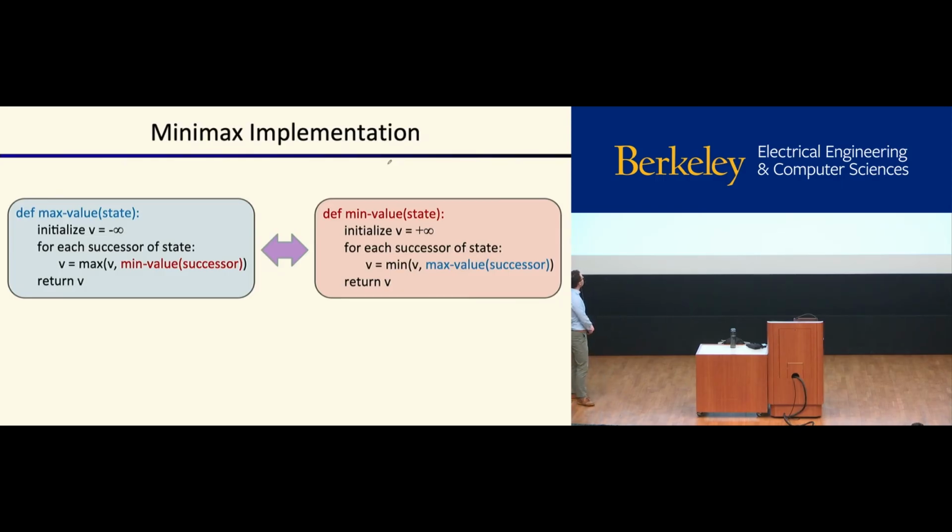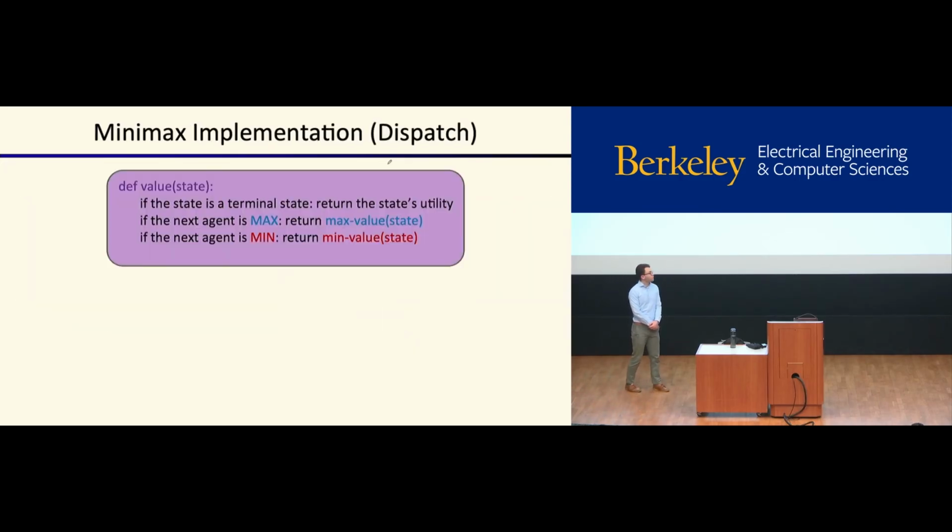So this is one implementation where max is computing the max over successors and min is computing the min. Another way that you could do it is you could have a dispatcher function that says, what's the value of a state? Well, if that state is a terminal state, and now we are handling the bottoming out condition, return that state's utility, and this is coming directly from your utility function. So the rules of tic-tac-toe tell you what the state value is.